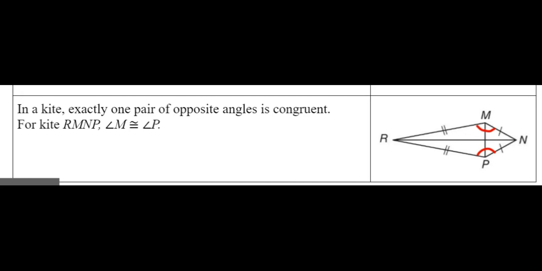Now that pair have a specific location. The angle has to be in the spot where two sides that are not congruent meet. So like right here, these two sides are not congruent and they're forming angle M. So the opposite angles M and P have to be congruent.